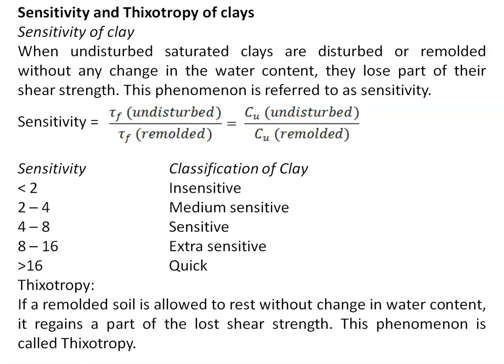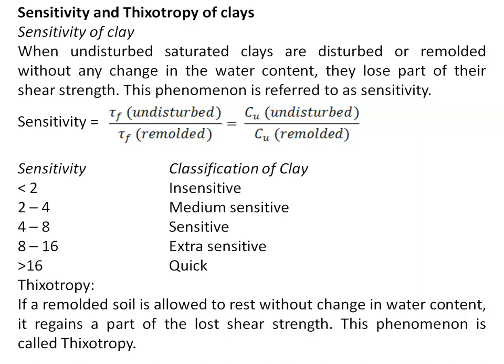For saturated clays, shear strength equals C plus sigma tan phi, where phi equals 0. So shear strength equals Cu. So we can write sensitivity as the undrained cohesion of undisturbed soil divided by the undrained cohesion of remolded soil.